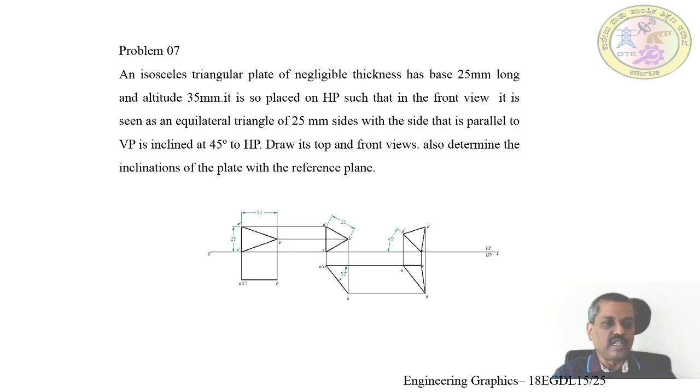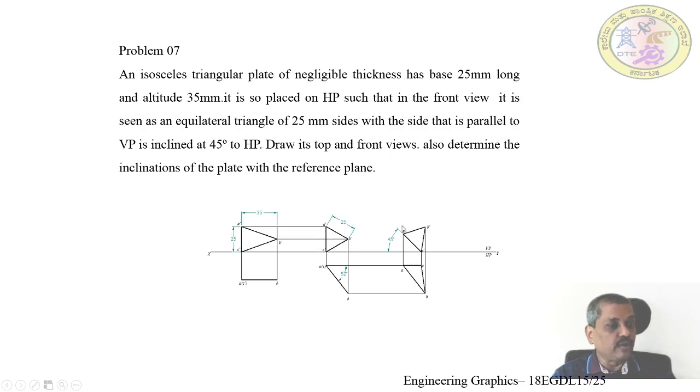So in the third position, we know that this triangular shape is at an angle, because the edge on which it is resting, A dash C dash, is actually making, is it in true length? You must always question, because this is the true inclination that has been given, 45 degrees to HP.